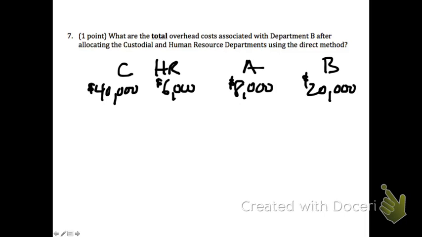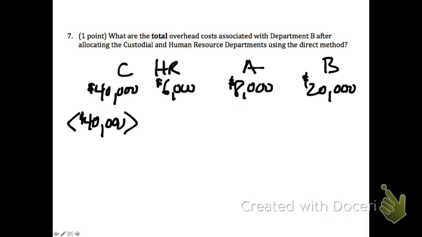So under the direct method, we don't care if custodial is providing services to human resources or the human resource department is providing services to custodial. We'll take the cost in each of these departments and directly allocate it to A and B. Custodial allocates their cost based on machine hours.